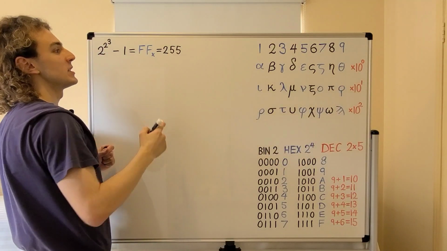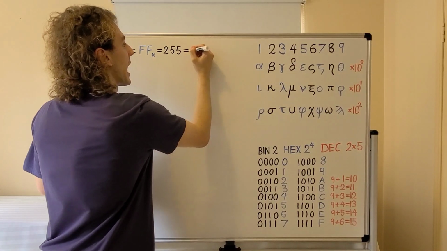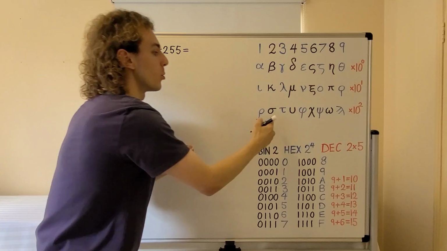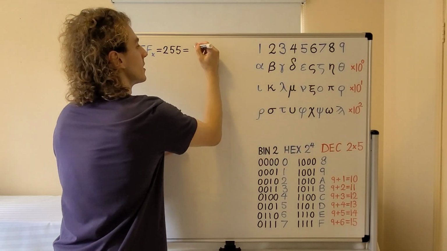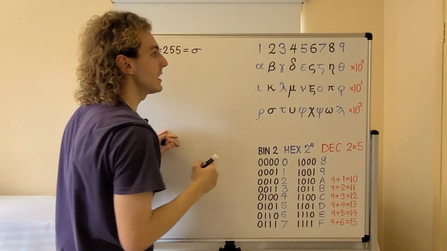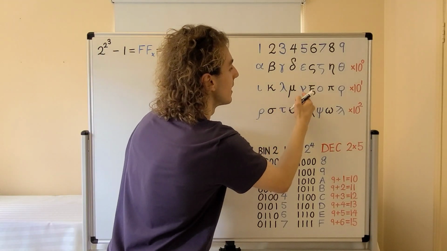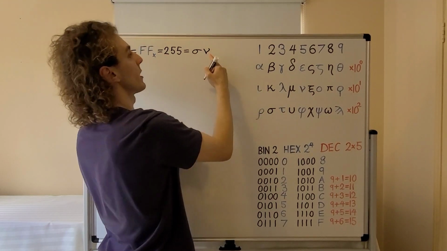Now let's write this using the Greek alphabetic numeral system. How are we going to write 200? Well, we're going to use sigma. Sigma is 200. So first we have sigma. And how are we going to write 50? 50 is 5 times 10. That corresponds to nu. So nu is used to write 50.